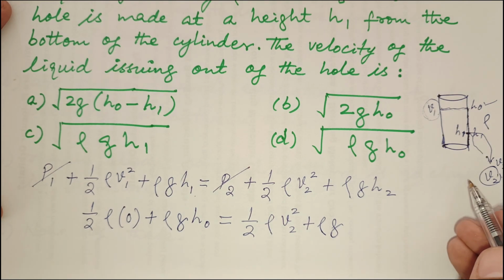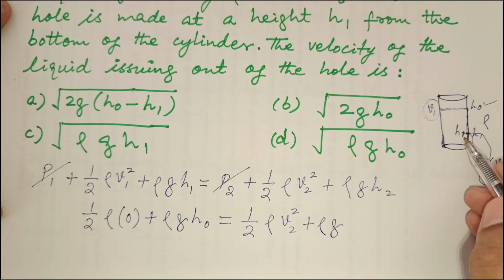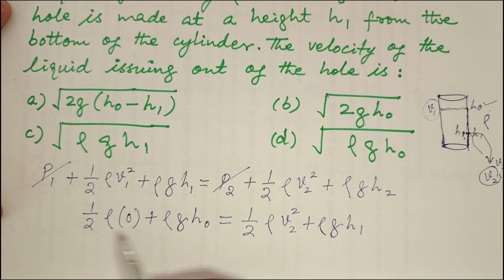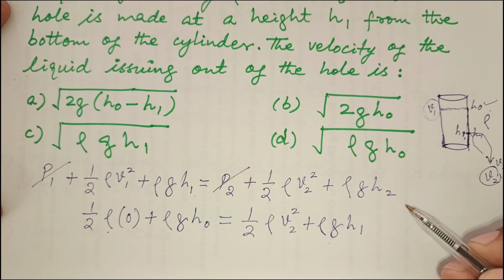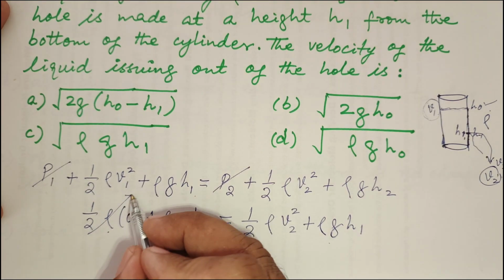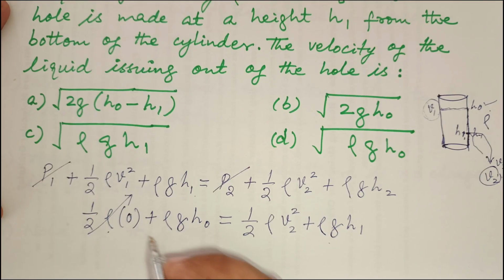This point, instead of h2, is h1, okay, because our top point is h0 and the bottom point is h1, which was h2 in the equation. So we are here with this equation. This factor becomes 0 as it multiplies with 0.